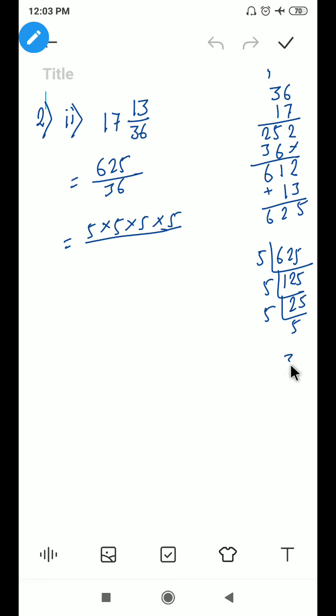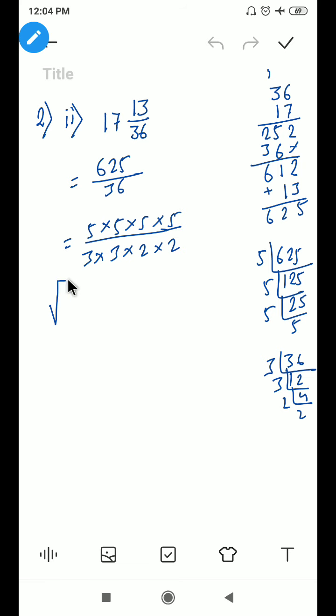And if you factorize 36, what do you get? There is 2, there is 4 and 2 2. So 3 into 3 into 2 into 2. Now here are 2 pairs of 5, 1 pair of 3 and 1 pair of 2. So you can easily find the square root of this.